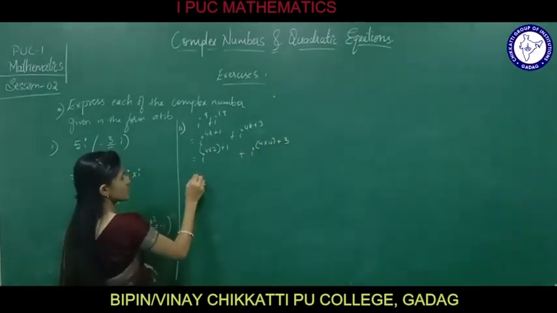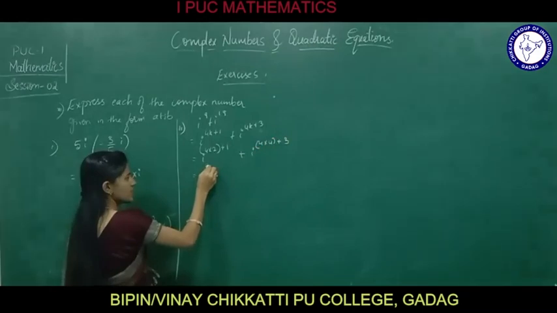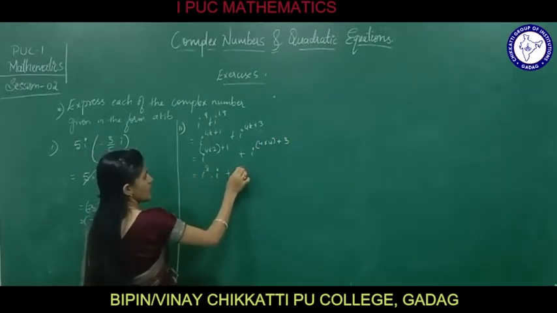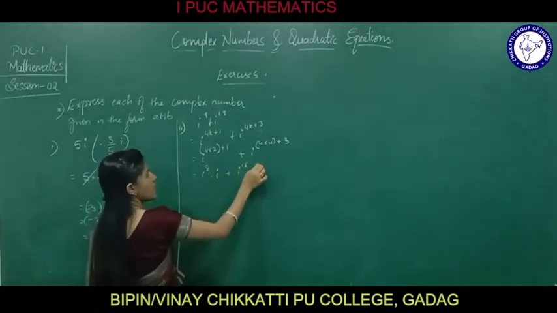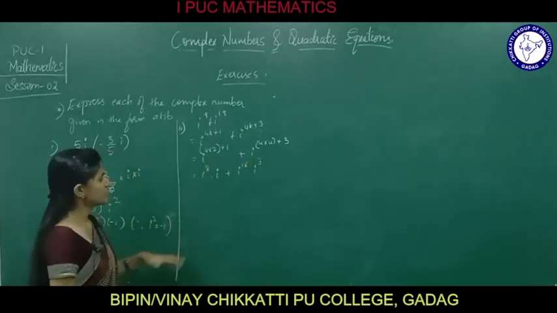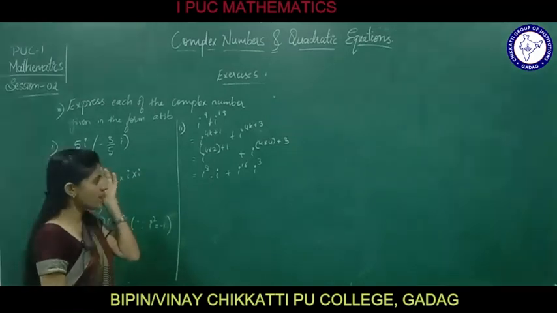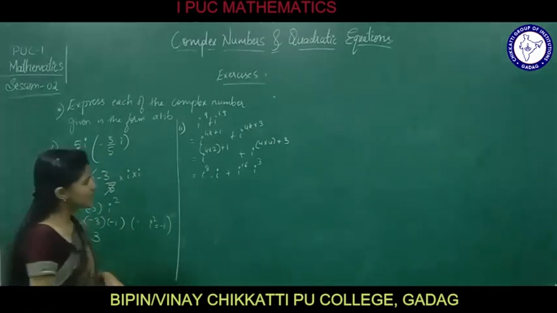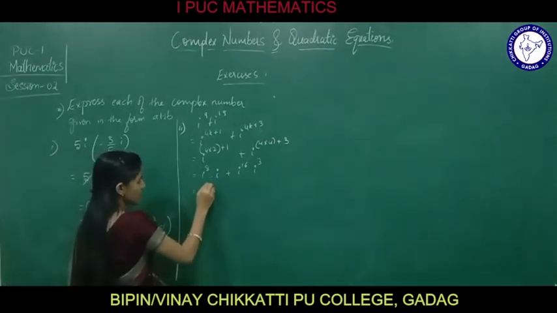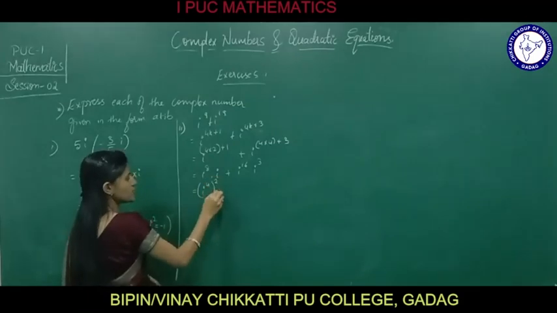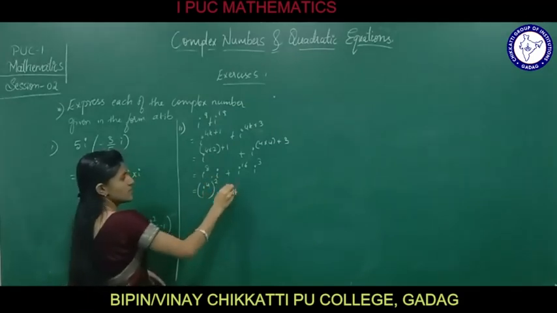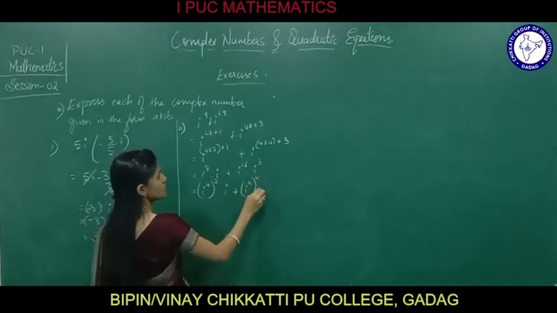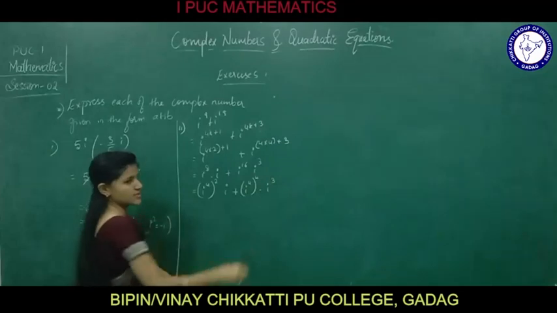This can be written as i raised to 8 into i plus i raised to 16 into i raised to 3. This can be written as i raised to 4 into 2 into i, plus i raised to 16, which is i raised to 4 whole raised to 4, into i raised to 3.